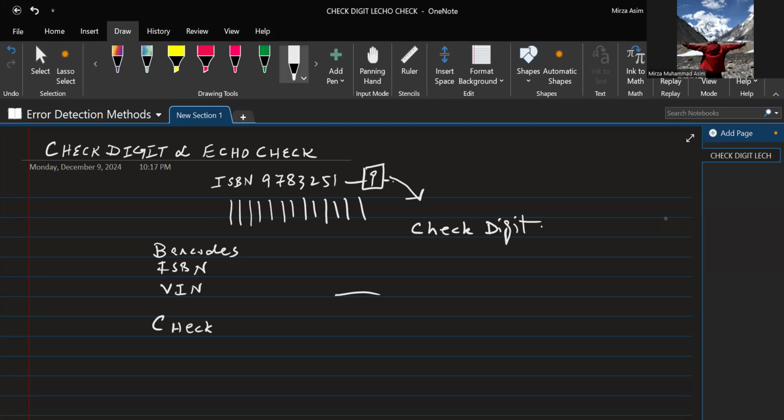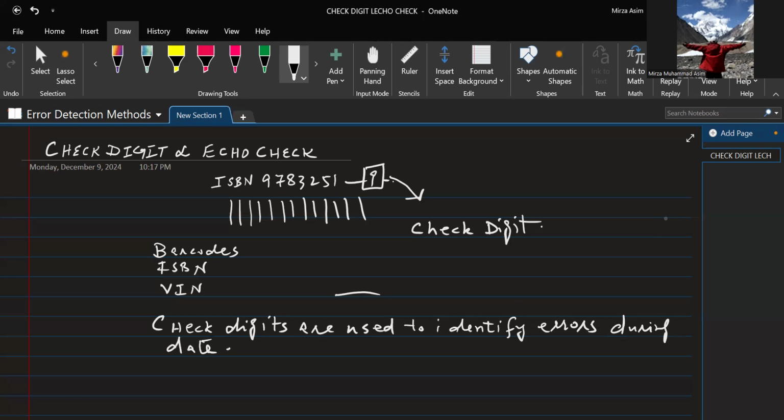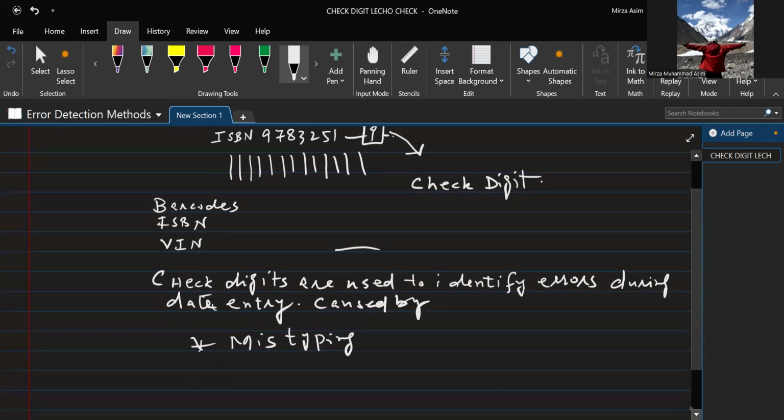Check digits are used to identify errors during data entry, normally caused by mistyping or scanning barcodes, right?